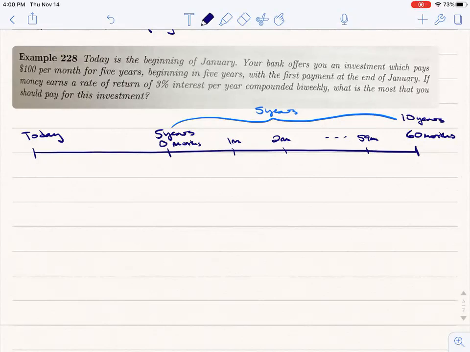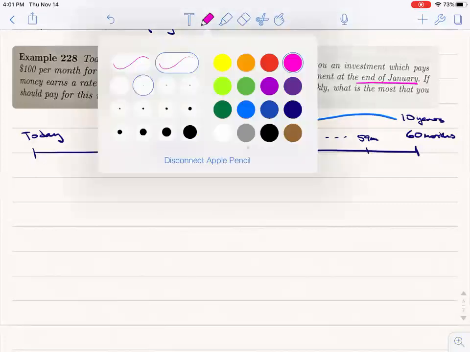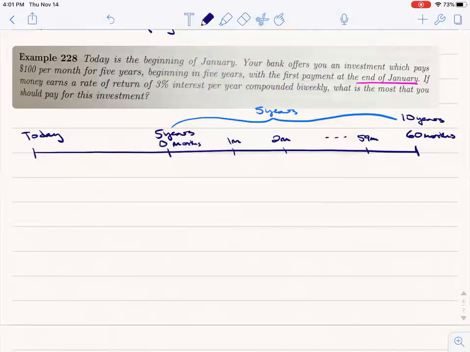Now this is where we need to keep our wits about us and ask, are the payments at the beginning or at the end? Looks like they're at the end of the month, because the first payment is at the end of January. So we're back to an ordinary annuity, and we're getting payments of $100, $100, $100, and $100.